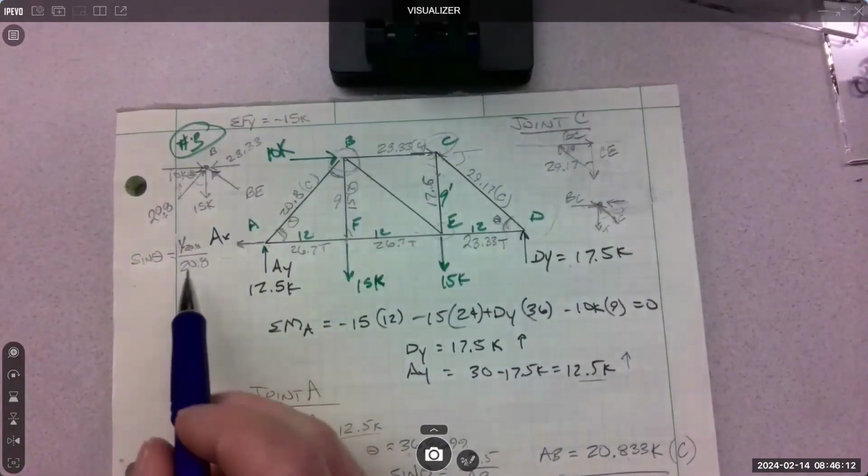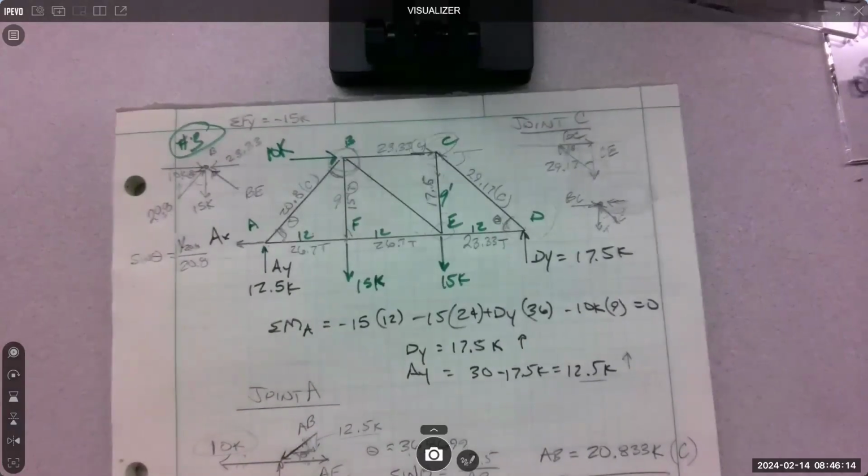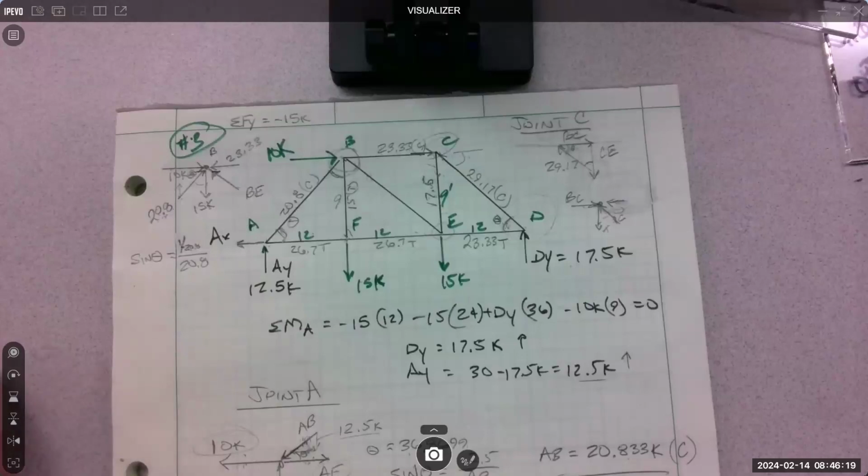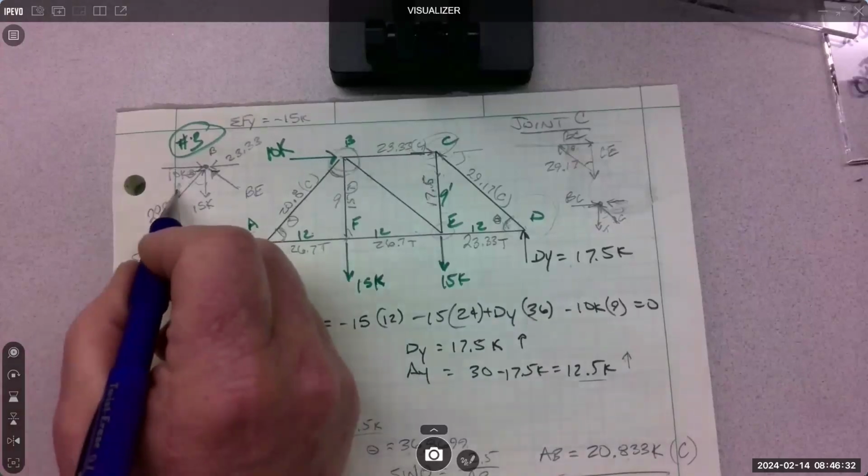So that's the 20.8 times sine theta. And I have rounding, so I don't, oh no, I got that number. Cool. 12.5K for this one.